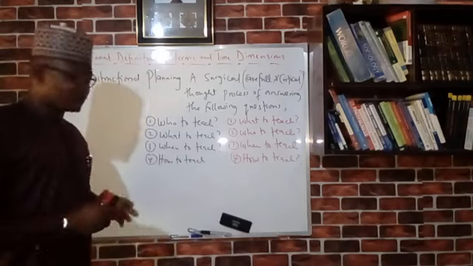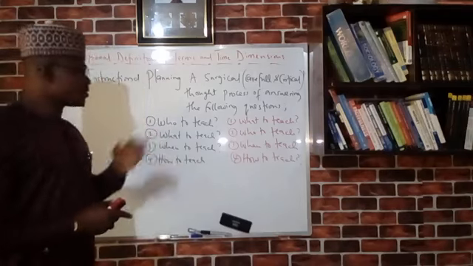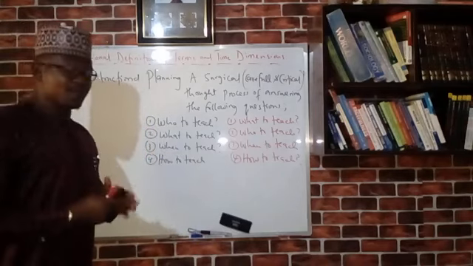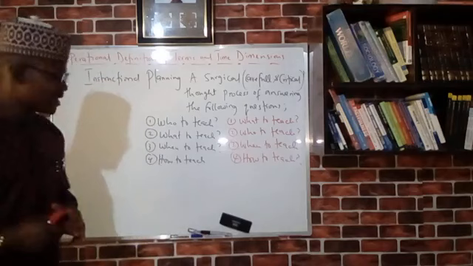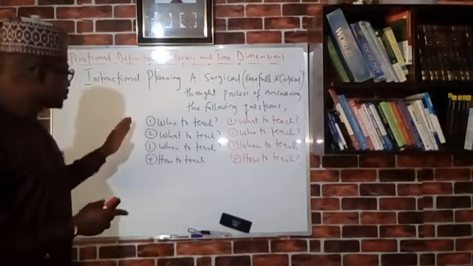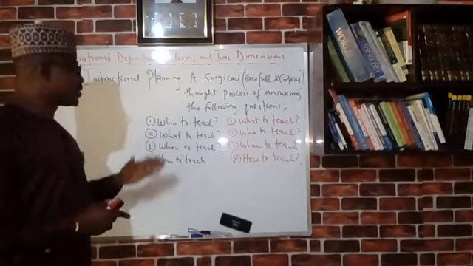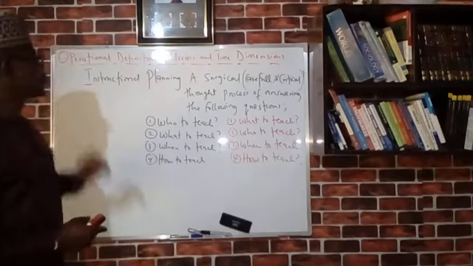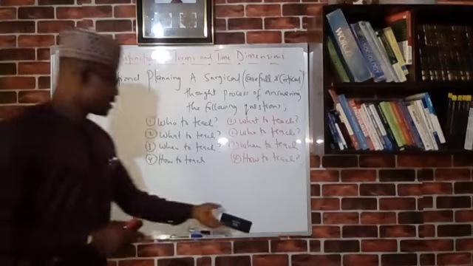And finally, the fourth question is, which of these arrangements do you agree to or do you support? But you will not be able to answer the last three questions except you are able to answer the first one, which is what is the implication of this arrangement. So this is what instructional planning is.